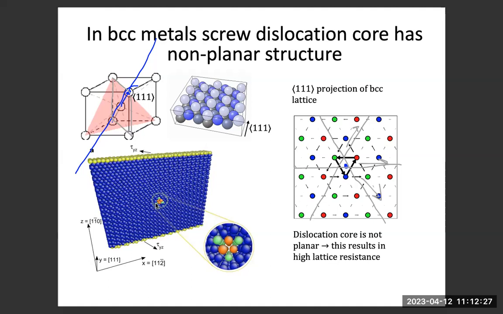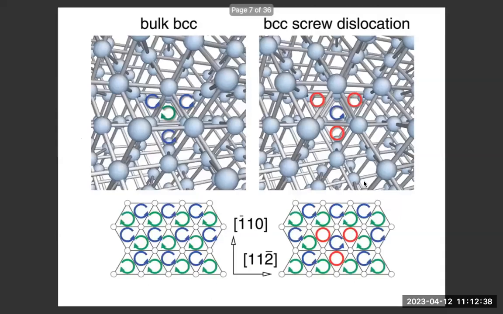For example, this is one screw dislocation, and you see the compact core of screw dislocation. Again, compact core of screw dislocation.